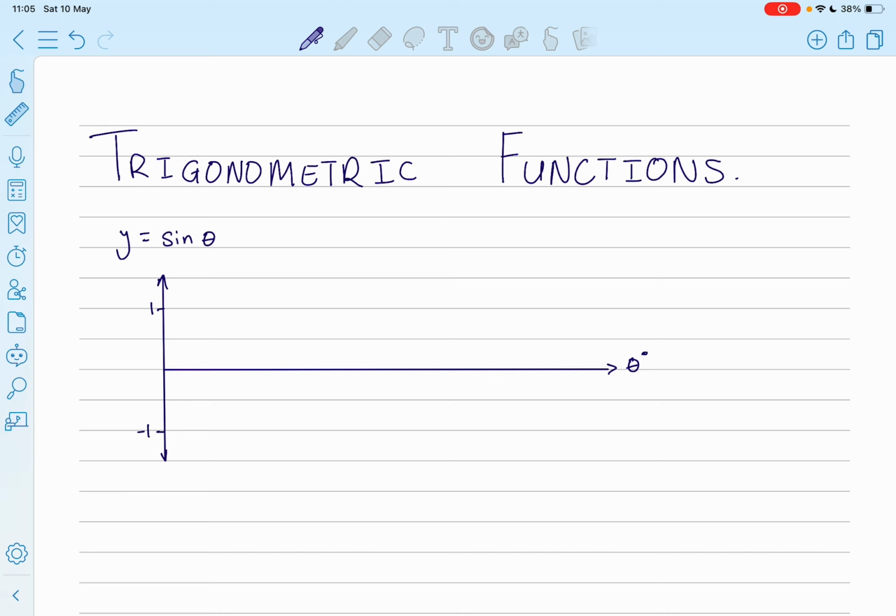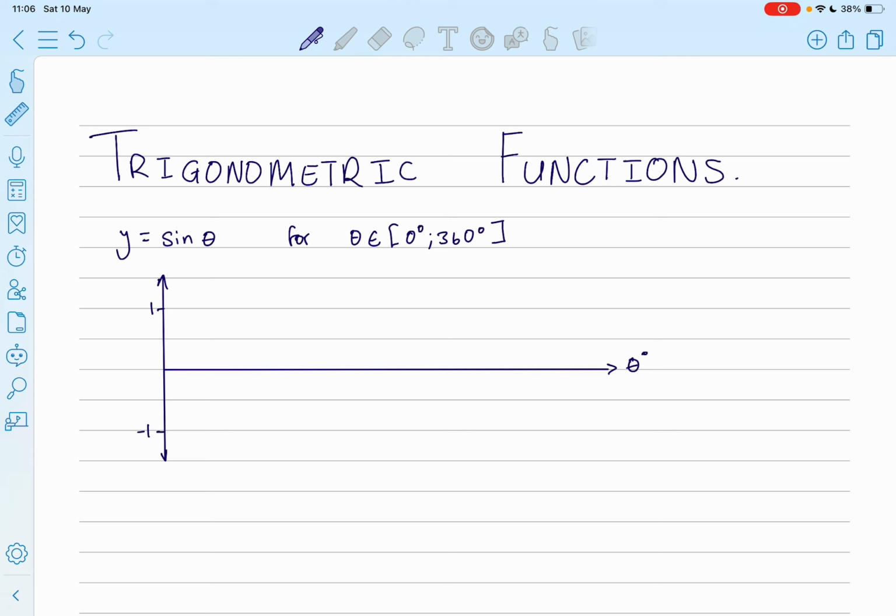And here, we'll be plotting it between 0 degrees and 360. So we'll say theta is an element between 0 degrees and 360 degrees, because that is one revolution.